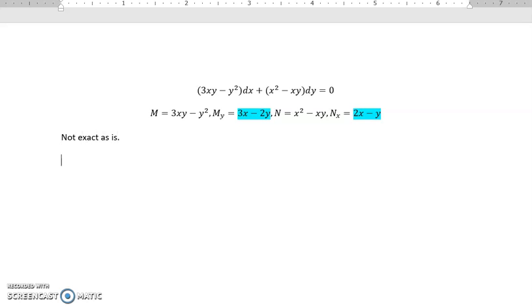Now, in order to make it identical, what we need is an integrating factor that we can multiply the entire original equation by, that after we do that, will make the two partial derivatives exact. Now, there are two versions of the formula that we need to check.